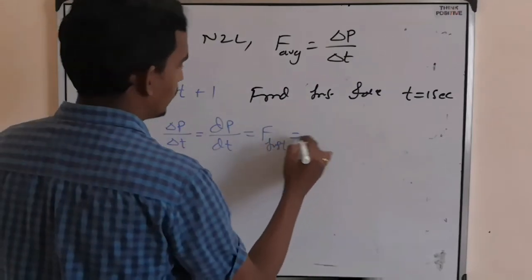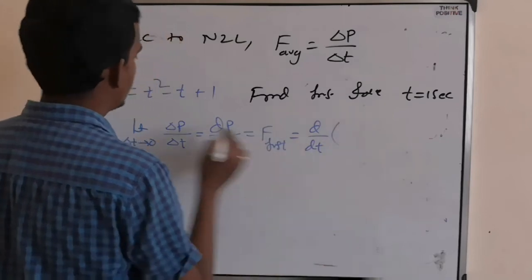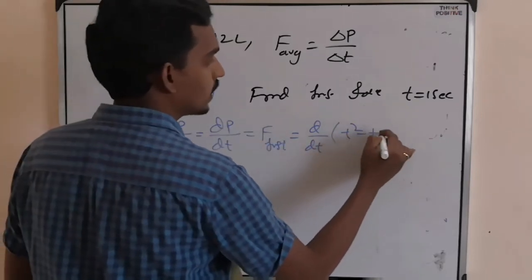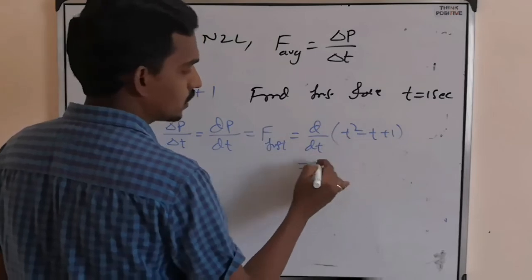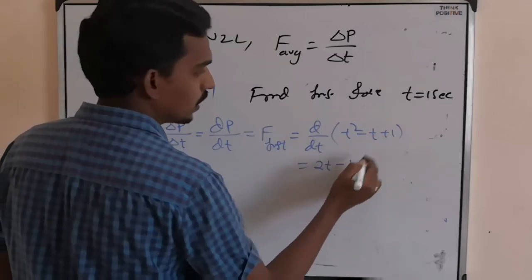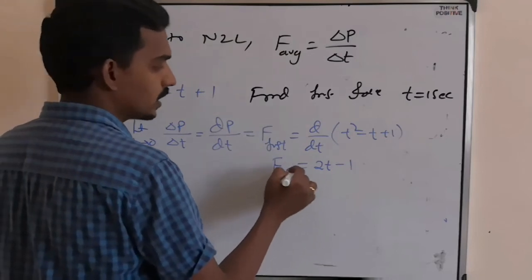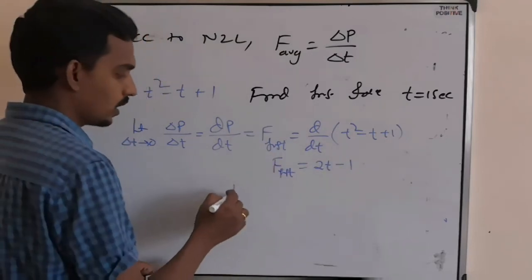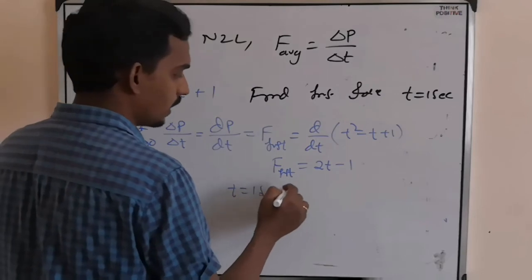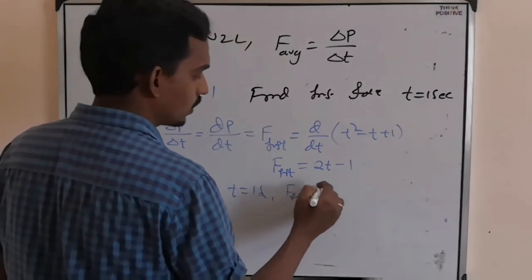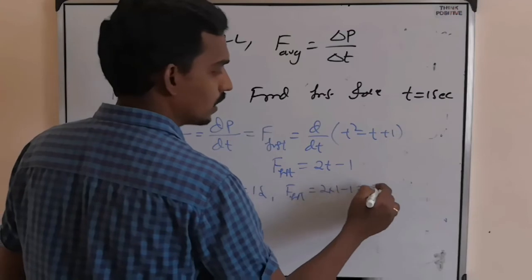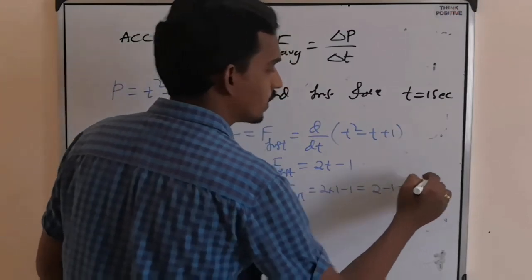So d by dt of p, where p is t square minus t plus 1. So t square gives 2t, minus 1, differentiation of 1 is 0. So the instantaneous force is 2t minus 1, and at t equal to 1 second, F instantaneous equals 2 into 1 minus 1, 2 minus 1, 1 Newton.